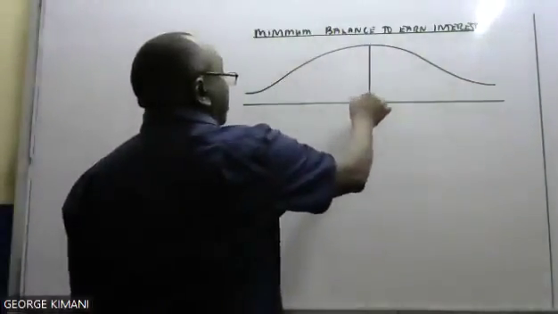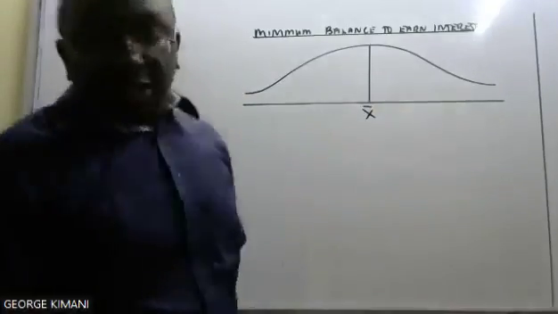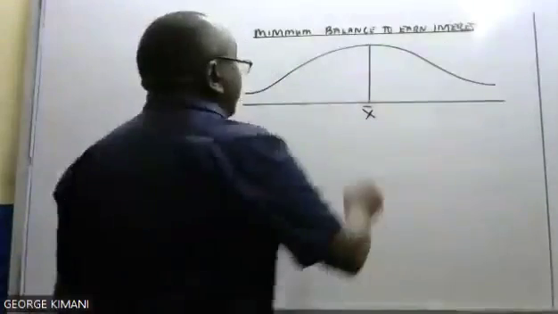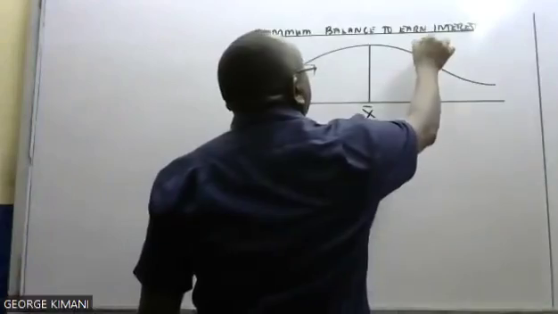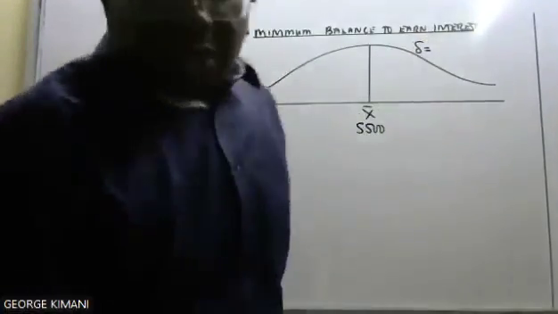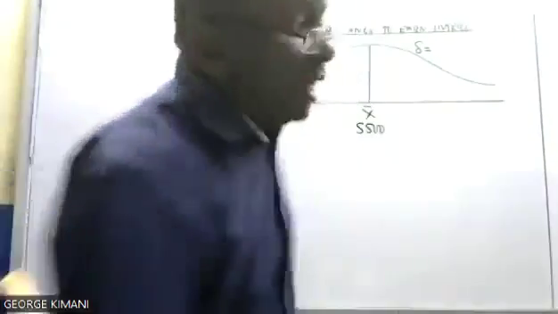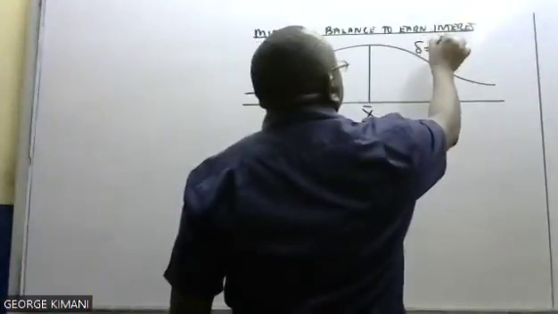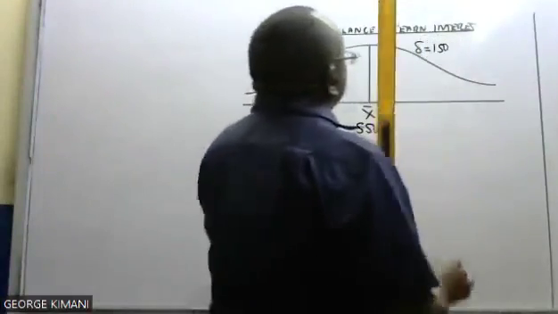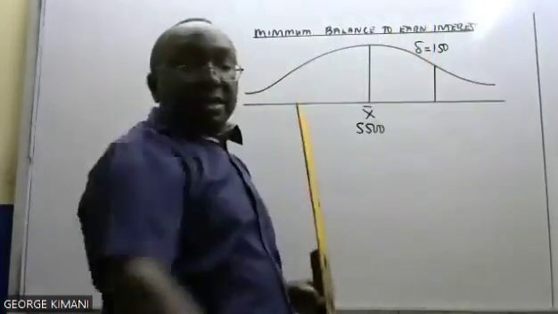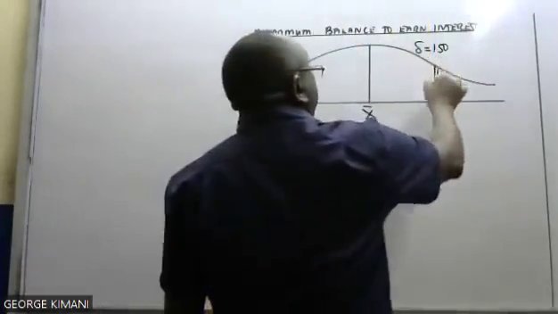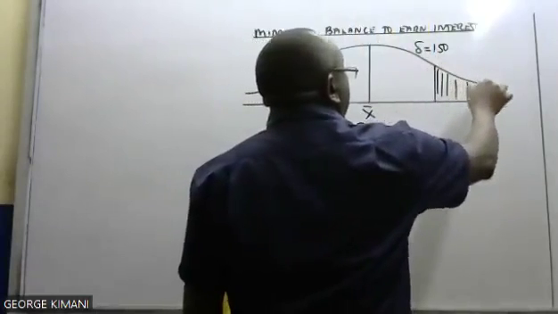So the average, we are told the average balances are 5,500. And the standard deviation should be 150. And for someone obviously to earn interest, they must have a lot of money. So this is the fellow that you want here.